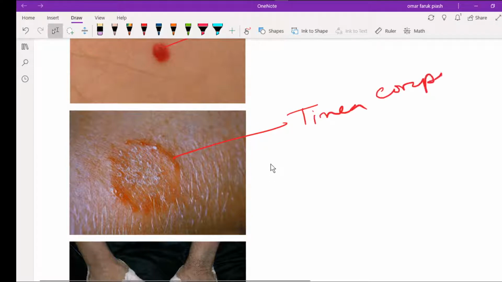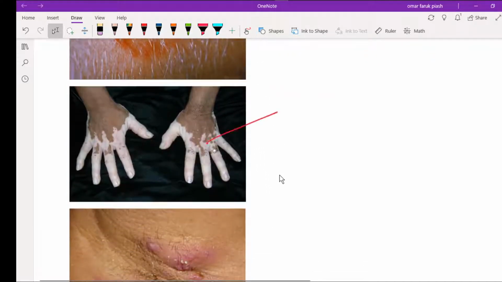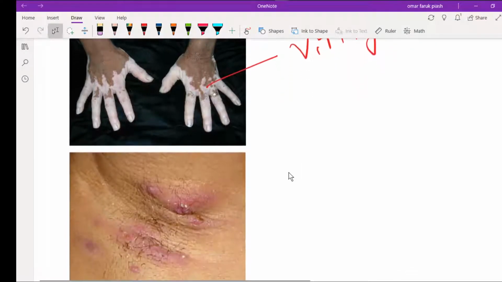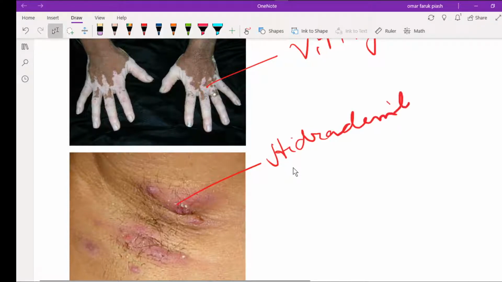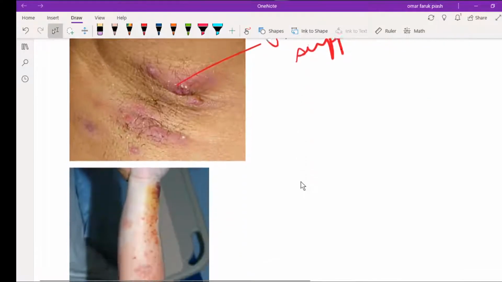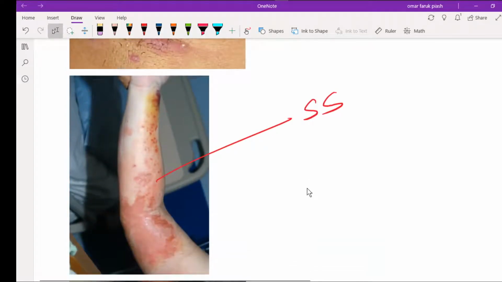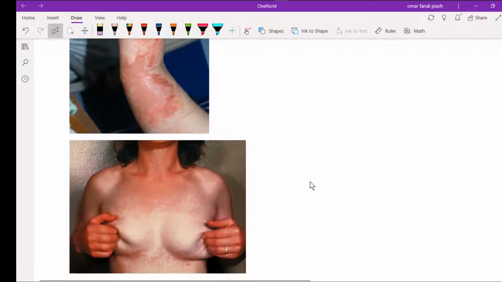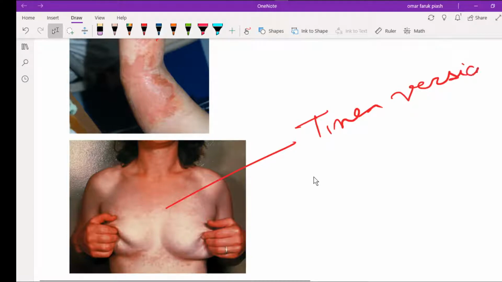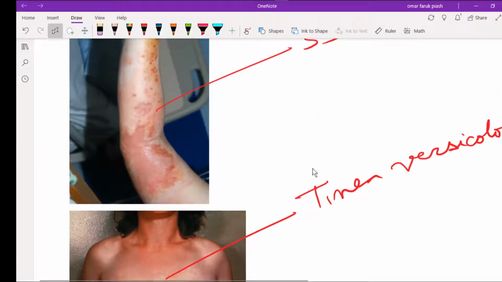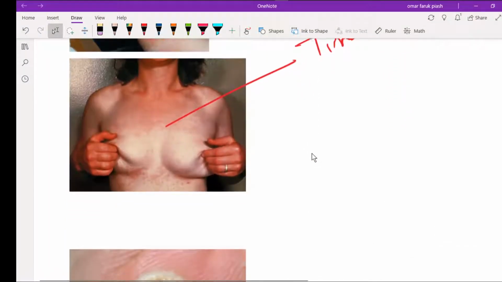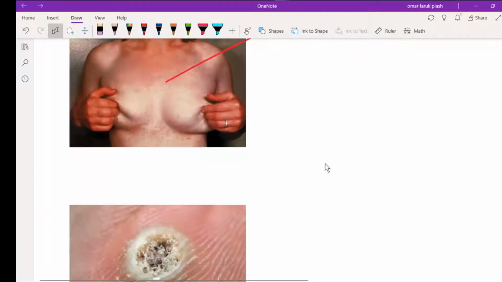This is the picture of vitiligo. And this is a picture of hidradenitis suppurativa. This is the picture of staphylococcal scalded skin syndrome. This is the picture of tinea versicolor, which has variable color.